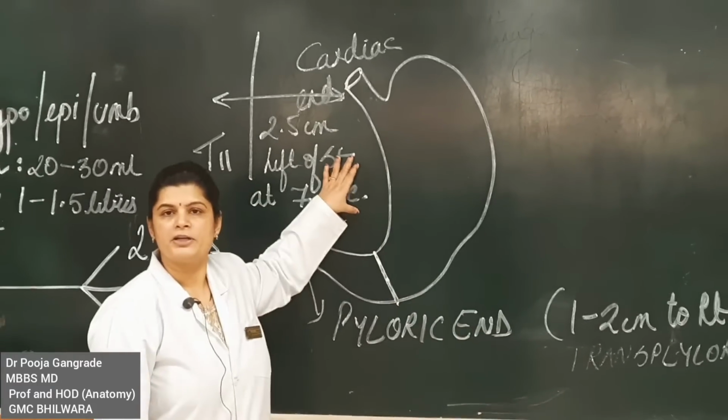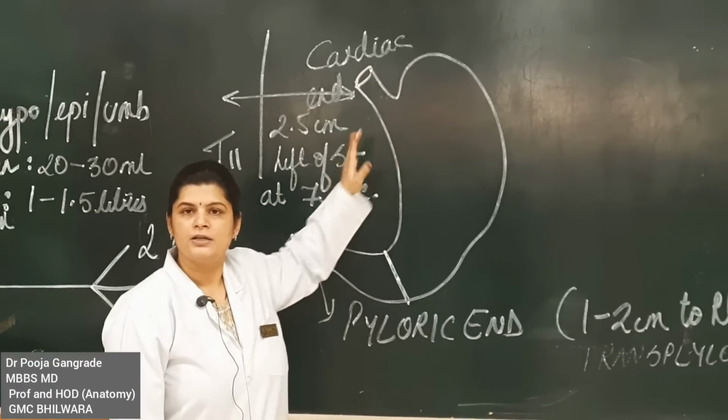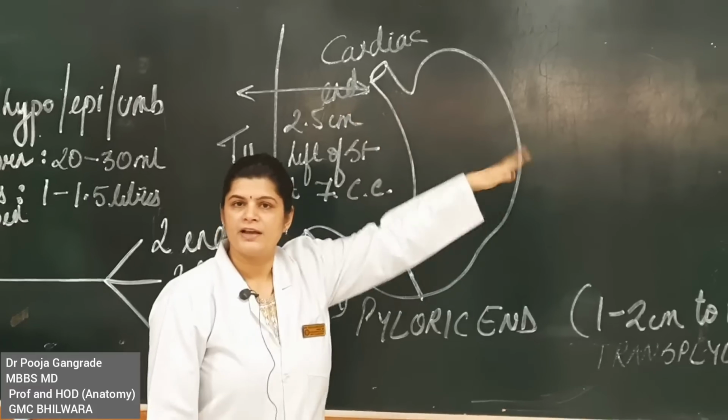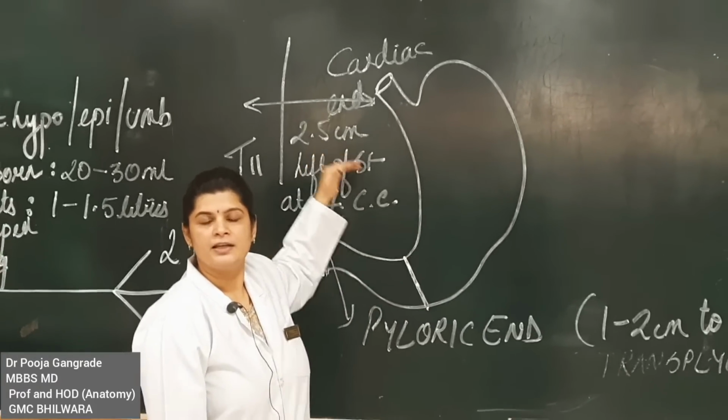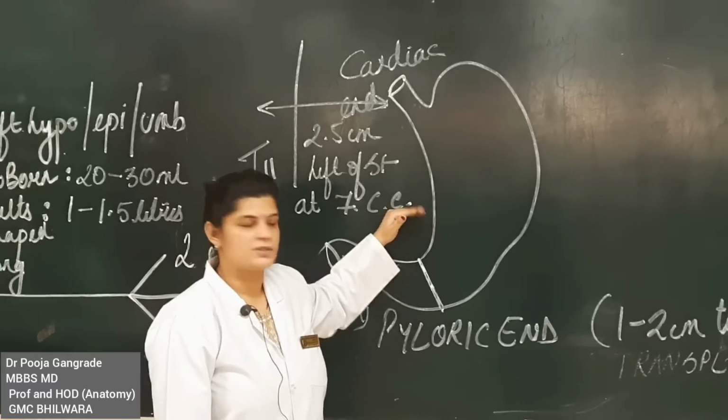So there are 3 points which are related to the cardiac end: 2.5 centimeters to the left of the midline, at the level of T11, at the level of 7th costal cartilage.